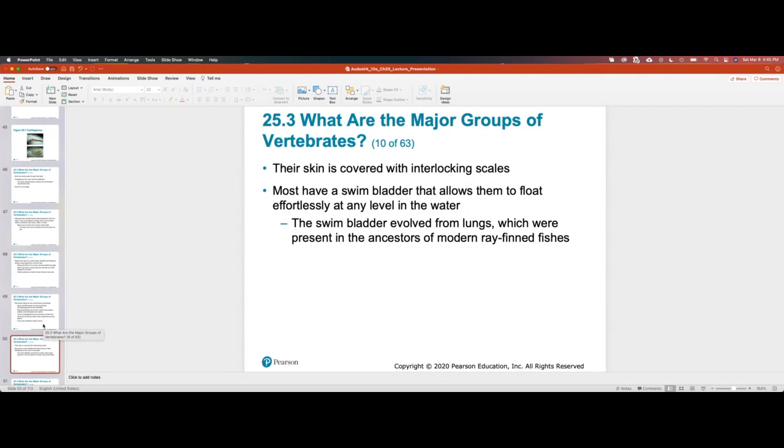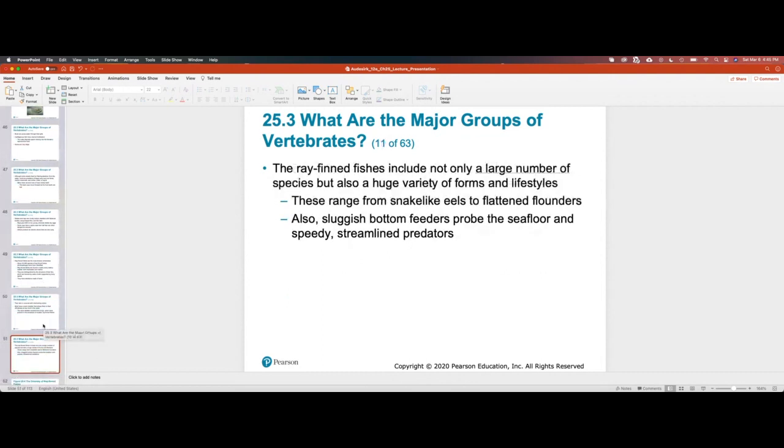And their skin has interlocking scales. And then they also use a swim bladder, which allows them to float at any level they want in the water. And that's really considered kind of like an evolutionary modified lung.